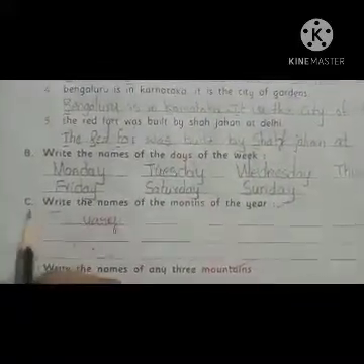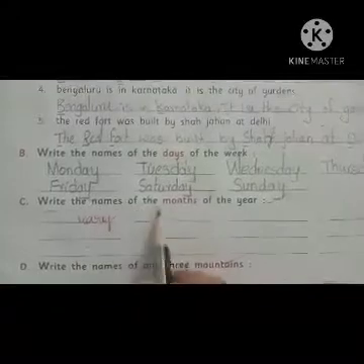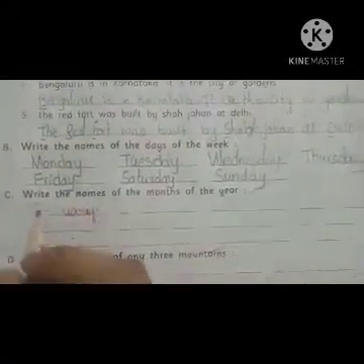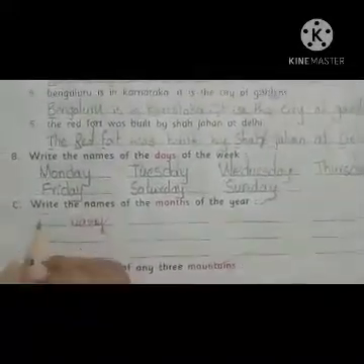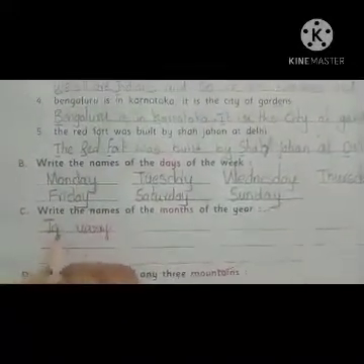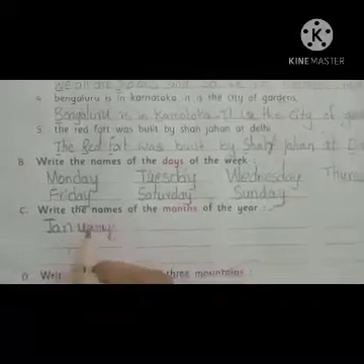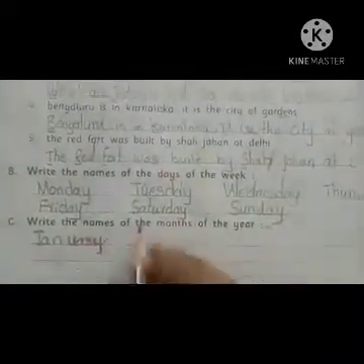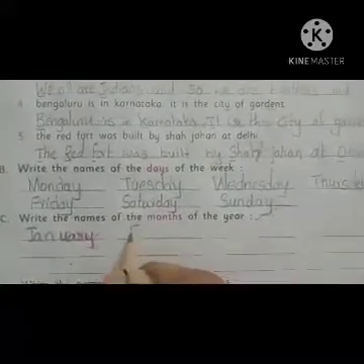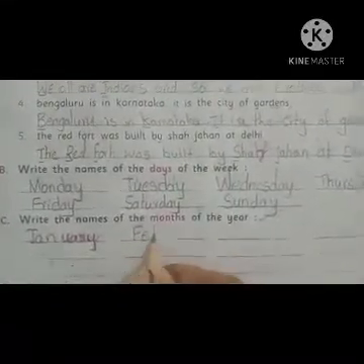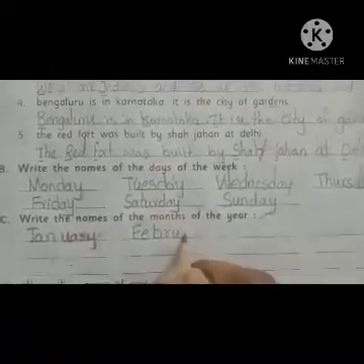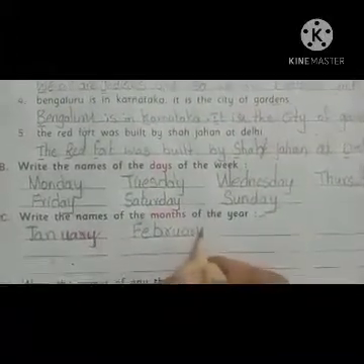Okay. Now see children, C bit. Write the names of the months of the year. Here we have to write the months. What is the first month? January, J-A-N-U-A-R-Y. Okay, January. Next, February, F-E-B-R-U-A-R-Y.